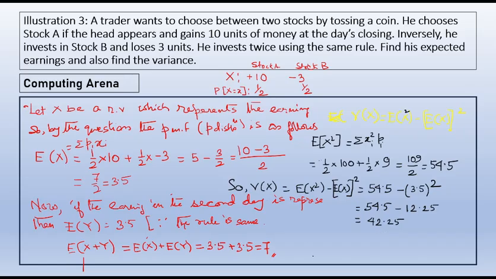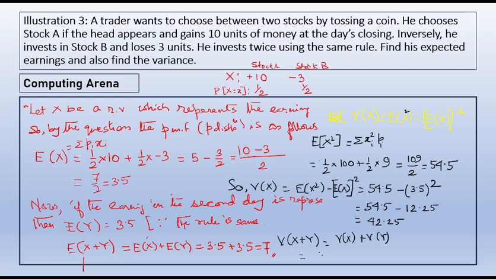Now, if we play the game twice, and each time the game is independent of the other, because we assume that the stock outcome on the first day is independent of the outcome on the second day, then variance of x plus y equals variance of x plus variance of y. There is a covariance term also, but since x and y are independent, we shall not consider the covariance term.